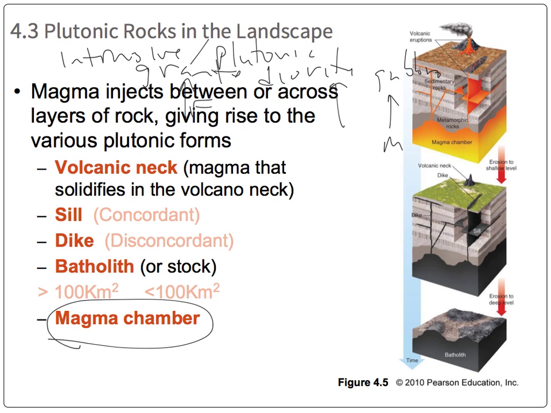The whole magma chamber itself could solidify into a batholith. We have the ability for magma to move up through fissures and cracks in the rock, and eventually can go up into the neck of a volcano.